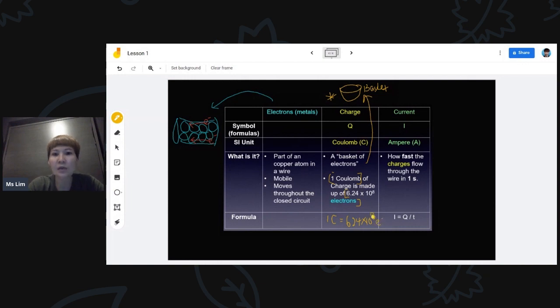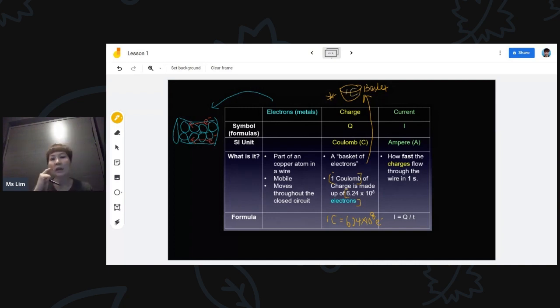Electrons are very small particles circulating within the atom itself. Charge is just taking 6.24 times 10 to the power of 8 electrons and putting them into a basket. Each basket is equivalent to 1 coulomb.